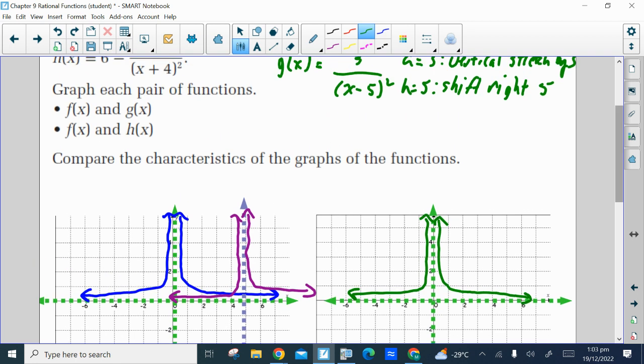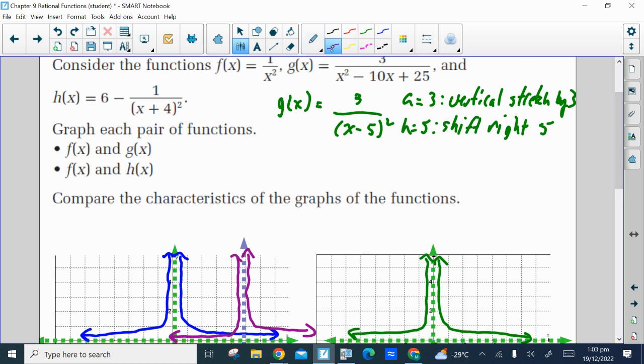So now we need to look at h of x. And this one actually is expressed in a form that we're used to looking at with respect to transformations. If I rewrite h of x, that negative in front could be the same thing as negative 1 over x plus 4 all squared. And then the 6 that was in front is a positive 6. We're used to seeing that written at the end, though. So now it is in the form of transformations that we're used to seeing.